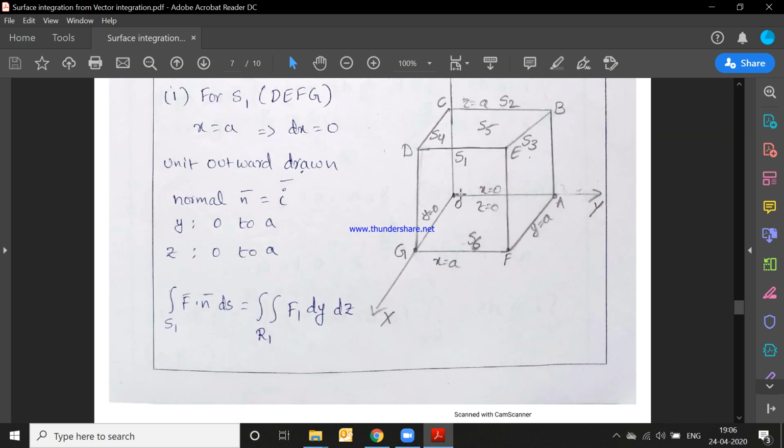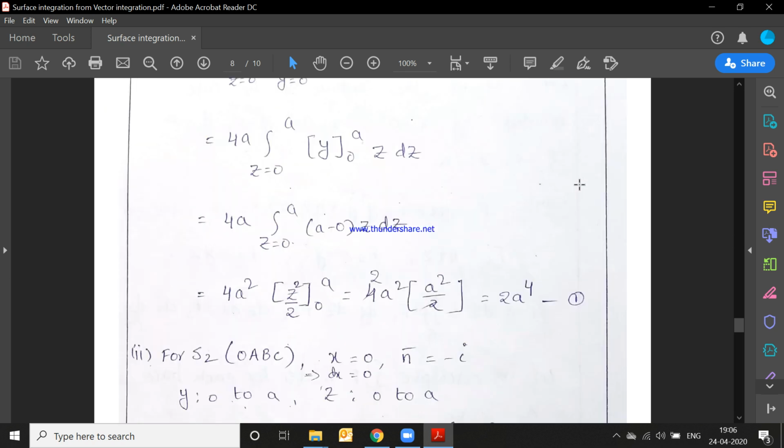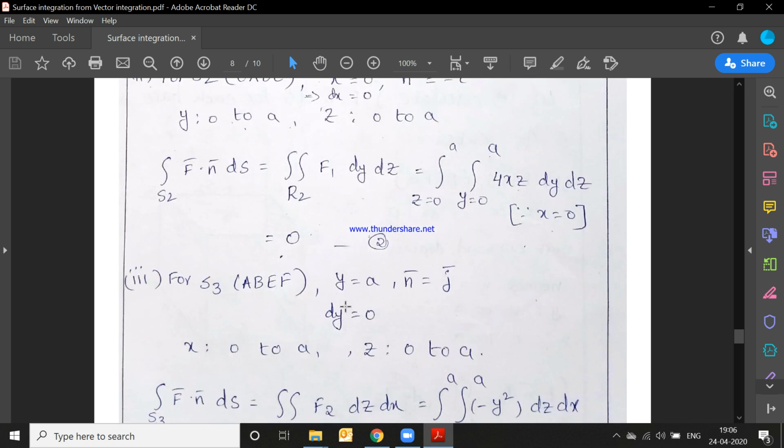Then what is the n bar? Unit normal vector drawn from this place outside. It is parallel to the y-axis on the positive side, so that's why it is j bar. Then you can write y is equal to a, n bar is equal to j bar, dy value 0, x limits are 0 to a, z limits also 0 to a.